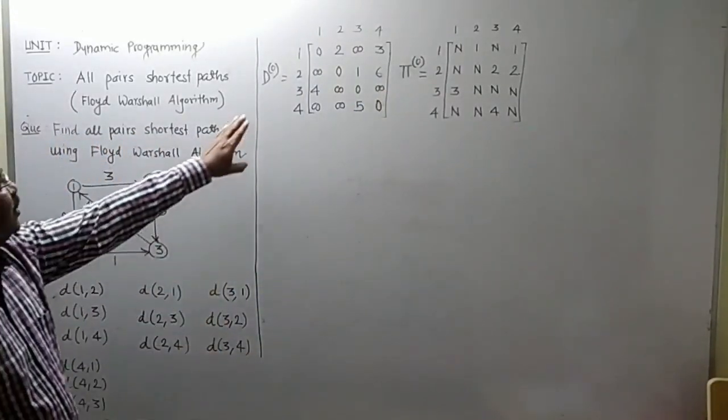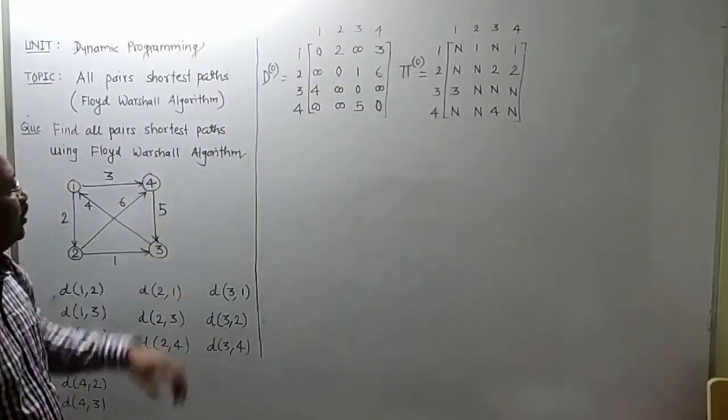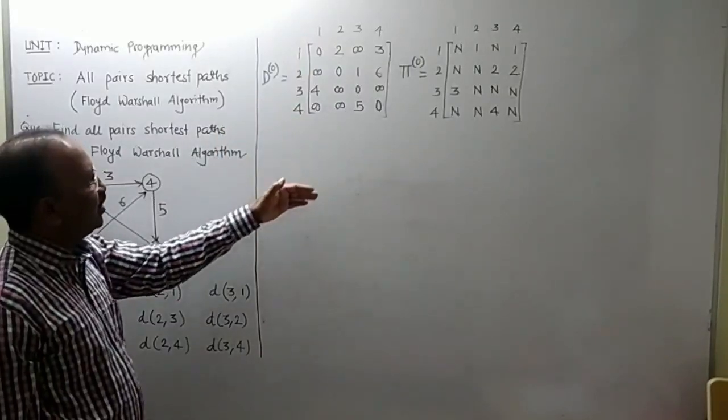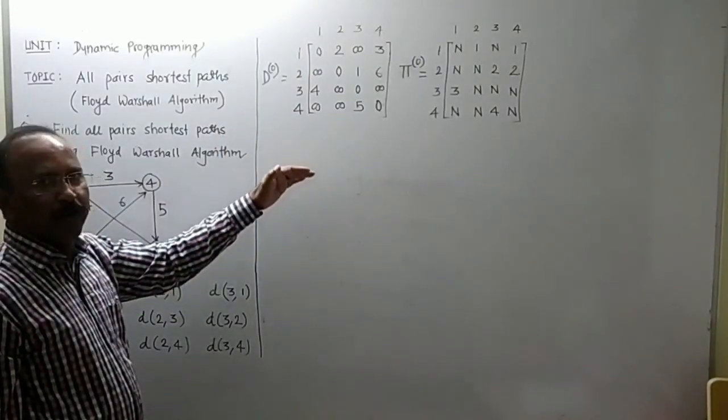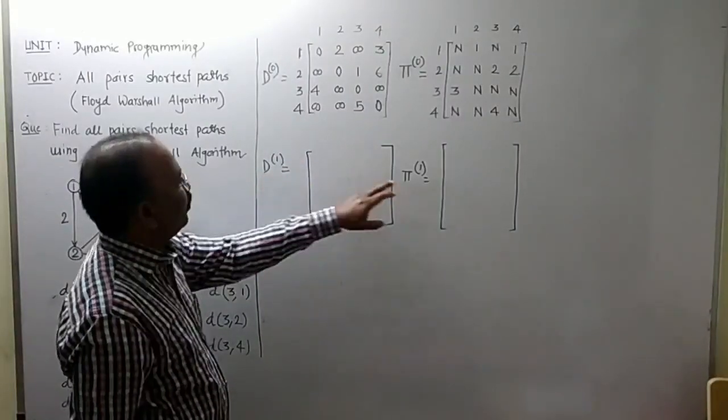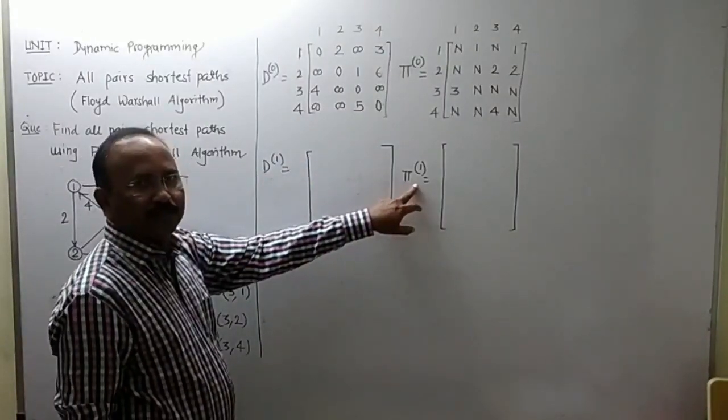Now D0 is calculated. Now go for D1. For the next D and pi matrices, we have to apply tricks. Now we have to find out the D1 and pi 1 matrices.